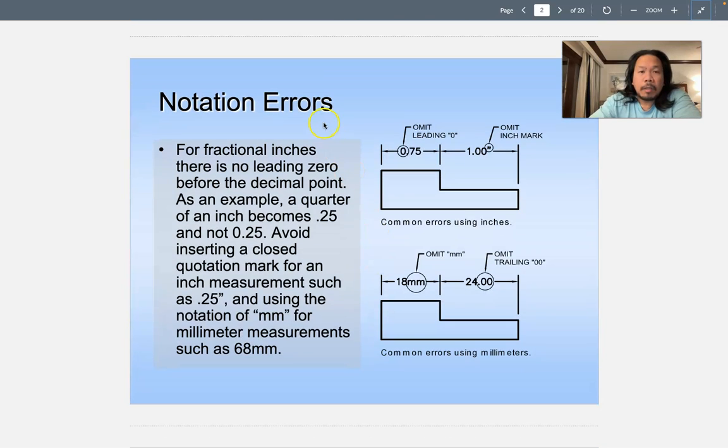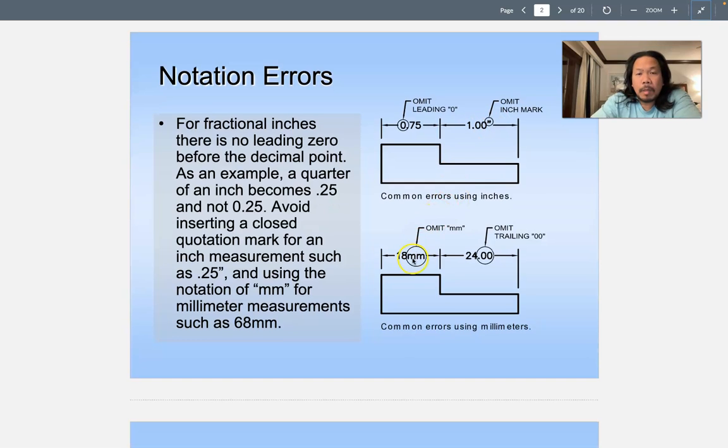Some notation errors. If you have a leading 0 on a number like 0.75, the common practice is not to write the 0 in front. So the right way of writing this would be .75. And then in inches, you don't have to write the quotation marks. So no need to write quotation marks, no need to write the letters IN or inch.